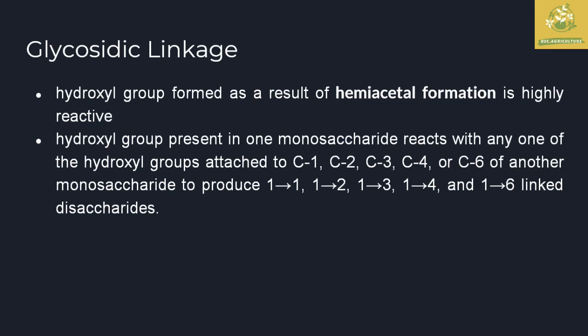The hydroxyl group present in a monosaccharide is attached to another monosaccharide to produce 1-to-1, 1-to-2, 1-to-3, 1-to-4 and 1-to-6 linked disaccharides, where the glycosidic linkage can be found with these structures.